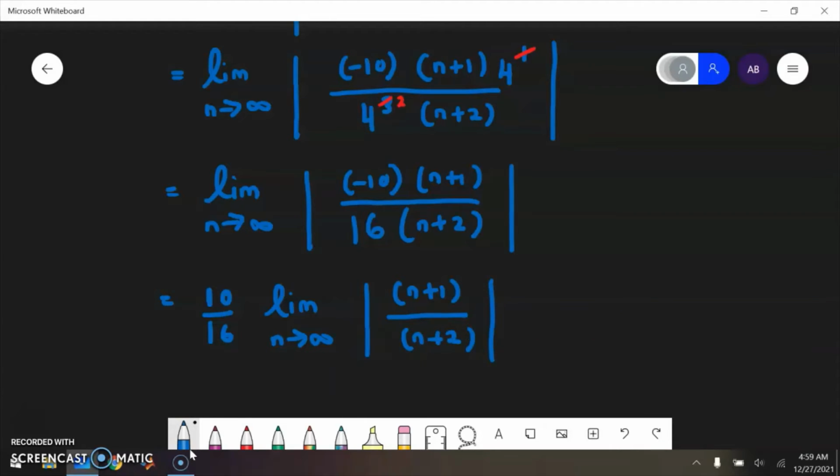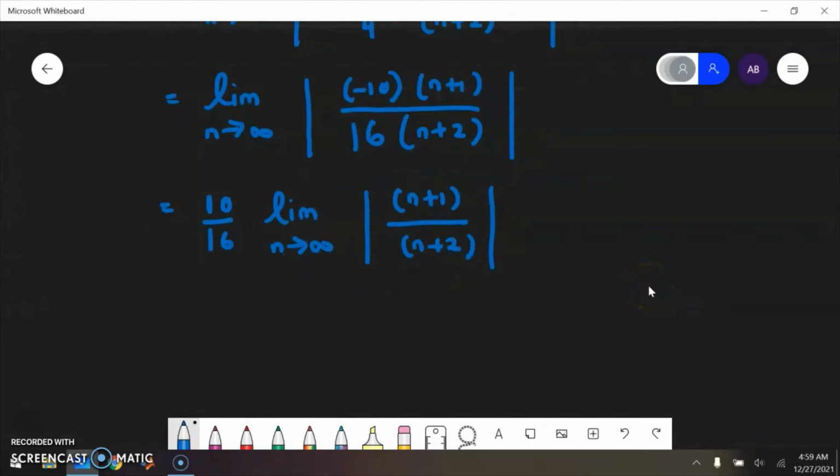Now how do I apply the limit here? Obviously, when n approaches infinity, these terms cancel out. Or what you can do here is divide the numerator, which is n over n plus 1 over n, and n over n plus 2 over n. Divide by the highest power in your denominator.